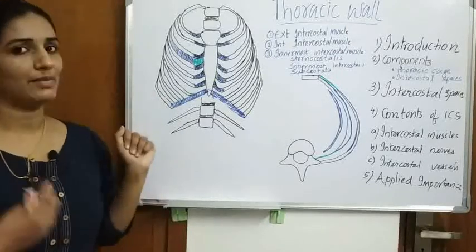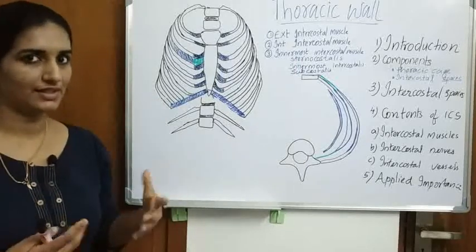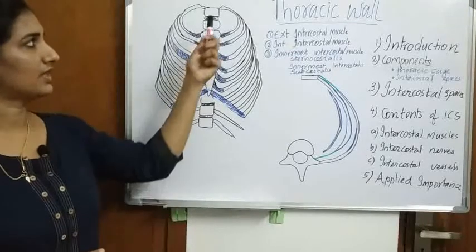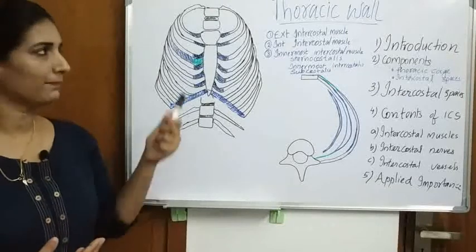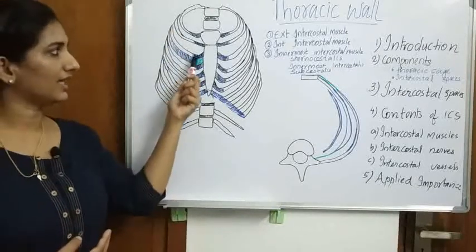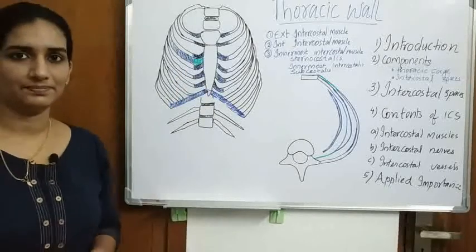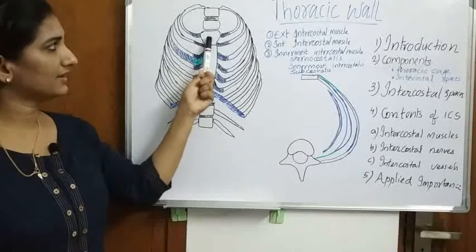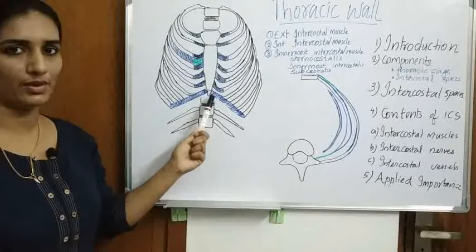The skeletal element of thorax is also known as the thoracic cage, which is formed posteriorly by the 12 pairs of thoracic vertebrae, then laterally by the 12 pairs of ribs and also their costal cartilages, and anteriorly by the sternum. The sternum has three parts: manubrium, body and xiphoid process.